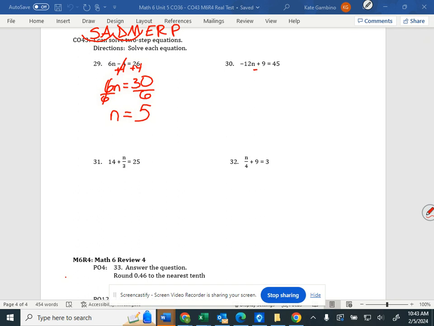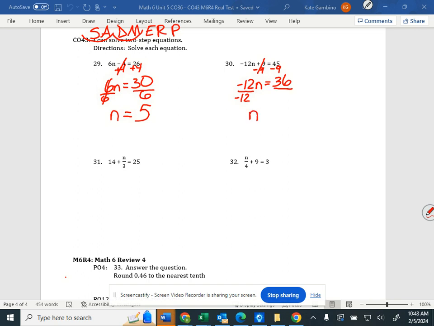Plus 9, I want to subtract 9. So I have negative 12n. 9 minus 9 zeros out. 45 minus 9 is 36. Now when I divide, I'm not just dividing by 12, I'm dividing by negative 12. Because I want it to be a positive n.